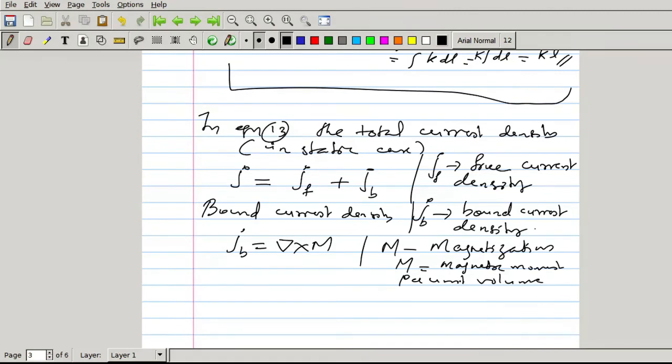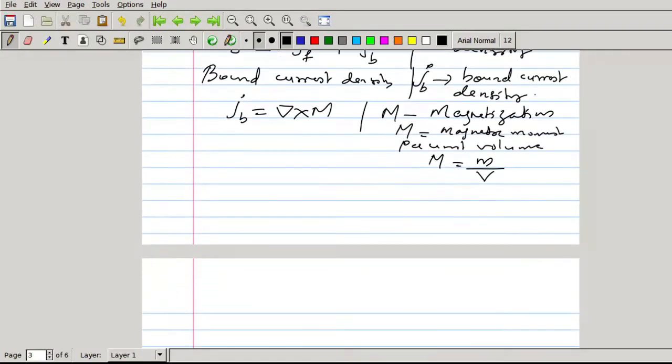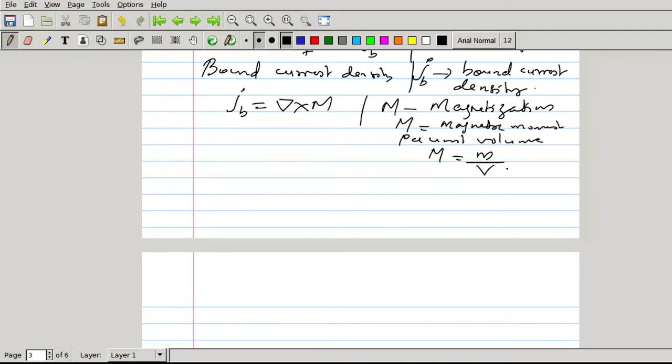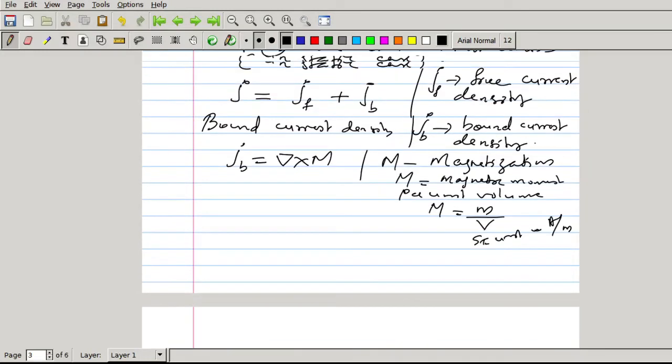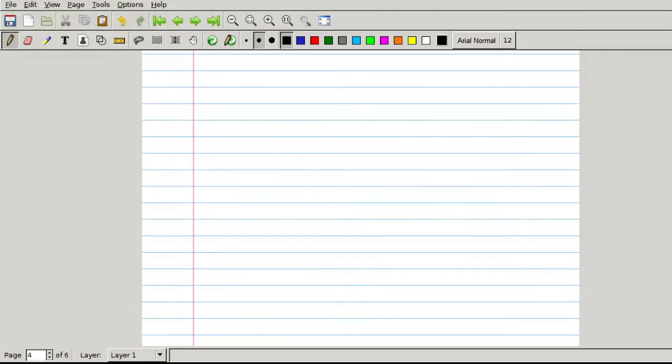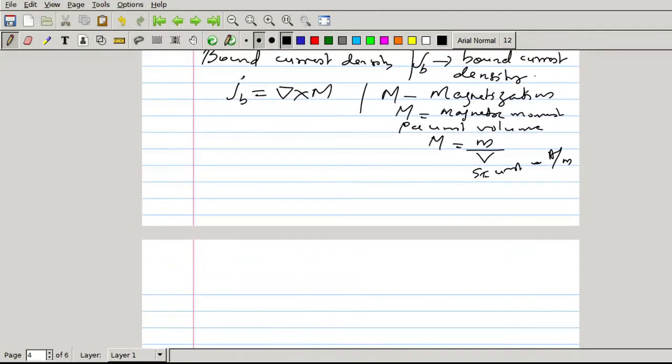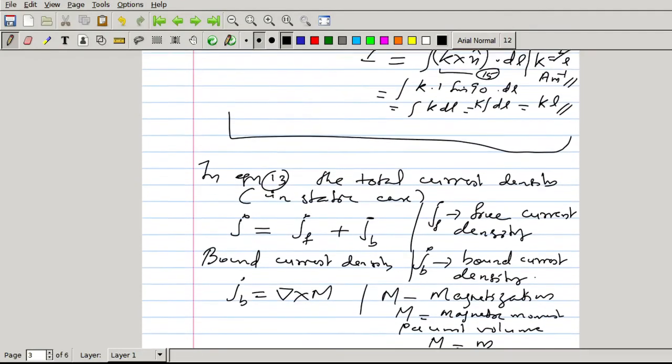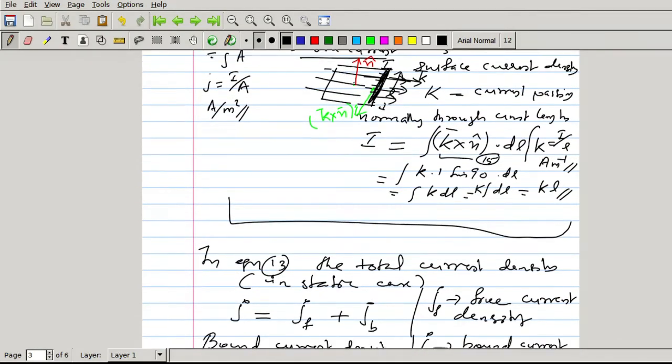If small m is the magnetic moment and V is the volume, then magnetization M equals m by V. Its SI unit is ampere per meter. So the bound current density is given by J bound equals del cross M. This is equation number 16.